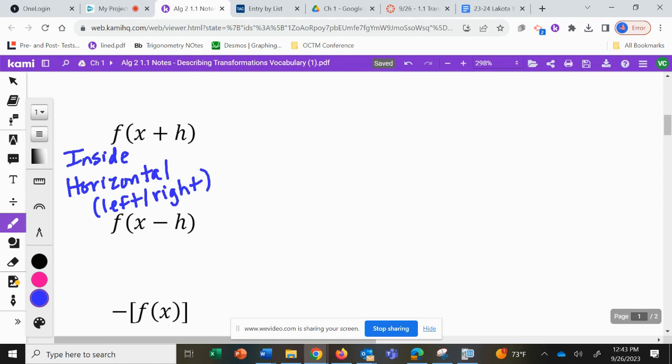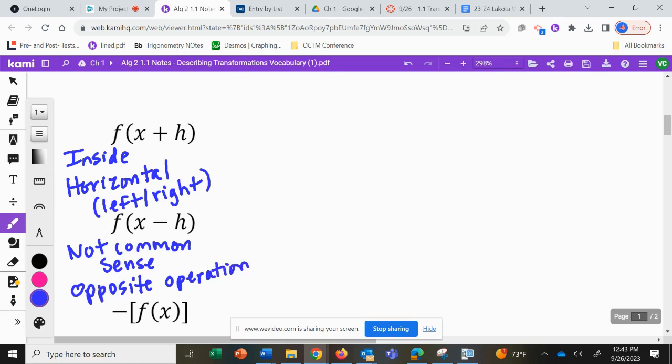It's also not common sense. We could say it's the opposite operation. So these two, I wrote it for both of them because they're both inside, horizontal.